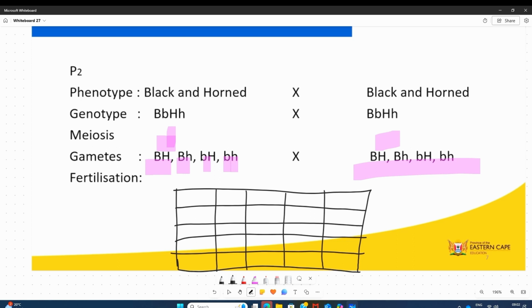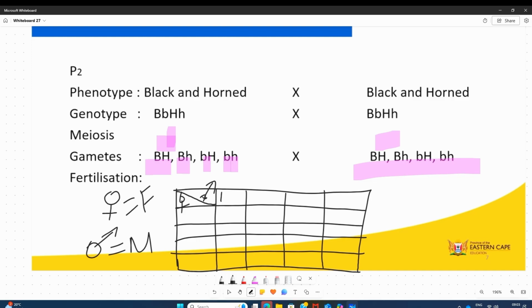In the first square, you can write gametes, or you can use our symbol. This is the female symbol. This is also the male symbol. Only use these ones when you are very sure that you know them. For example, let's say this side is the male gametes, and this side the female gametes.